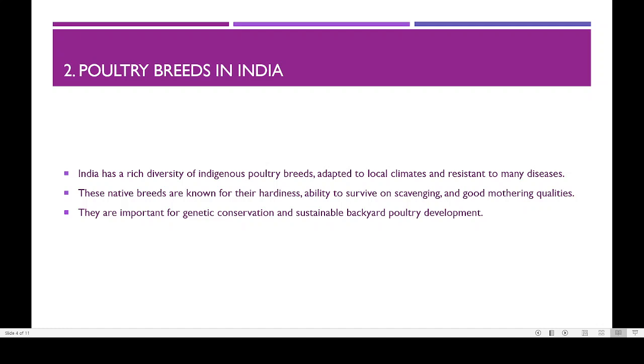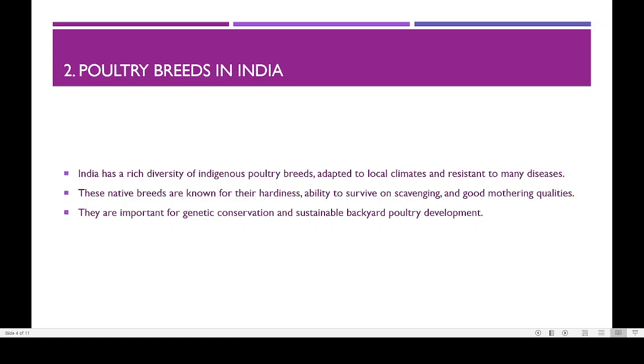Hardiness means they are very strong, they have more capacity for resisting disease, and their ability to survive on scavenging. Because if you have a hen at your home, you might have noticed that even if you are not giving them any food, our normal hens will be moving around in our house compound, digging the soil and feeding on worms or other products.